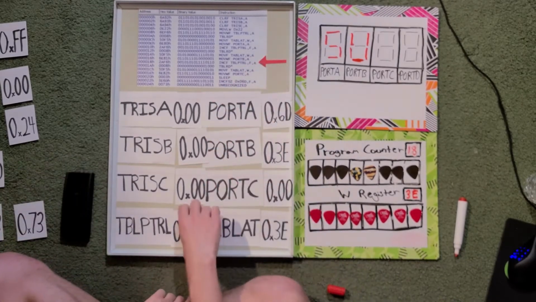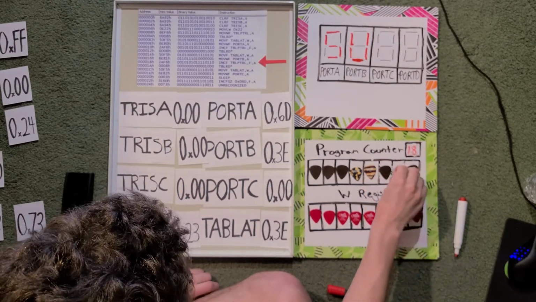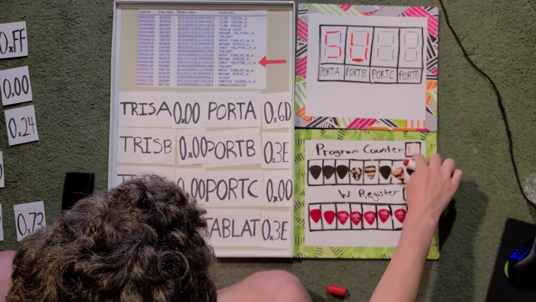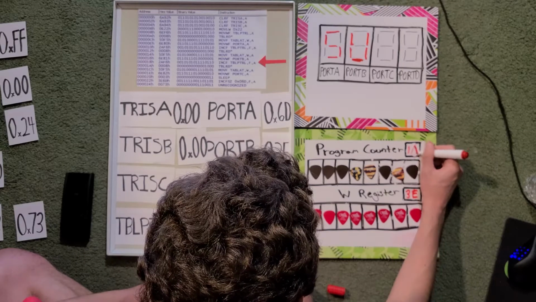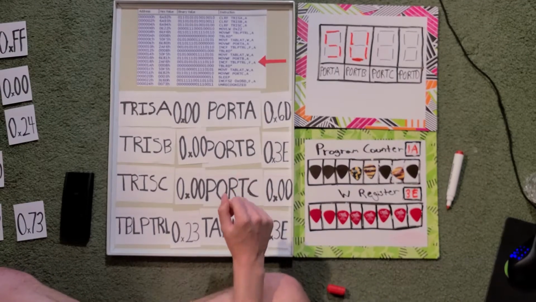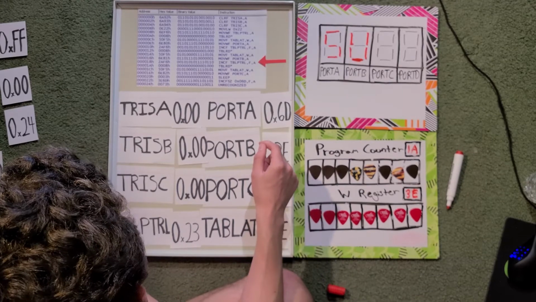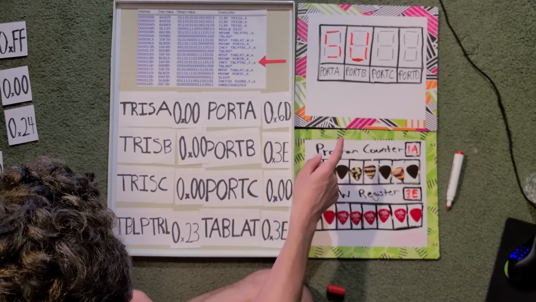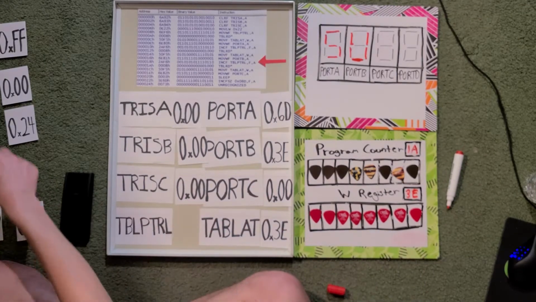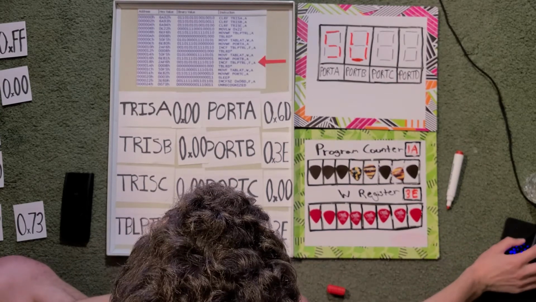Increment table pointer. Let's first increment the program counter before we forget to do that. All right, step 1A. And this goes to 24. All right, next step.